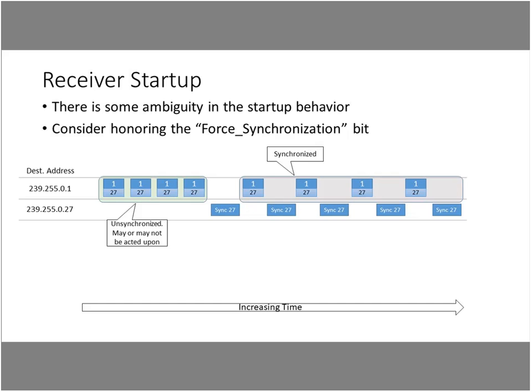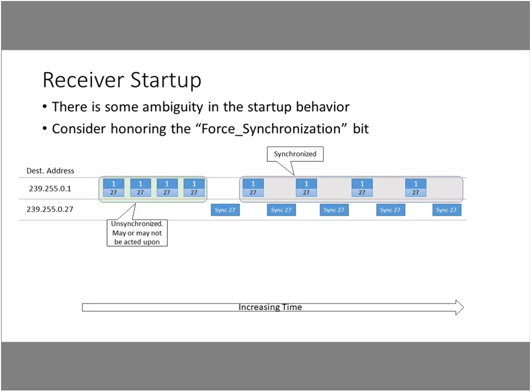Scott, do you want to talk about receiver startup? Sure. So as we talked a lot about the transmitter side, we'll talk a little bit about the receiver side here. There's a little bit of ambiguity, depending on how you read the standard, in the startup behavior with the forced synchronization bit. When you first start getting packets, you don't necessarily know if they're going to be synchronized or not.